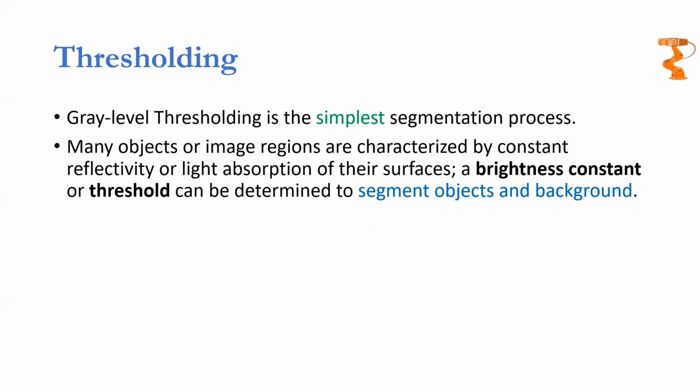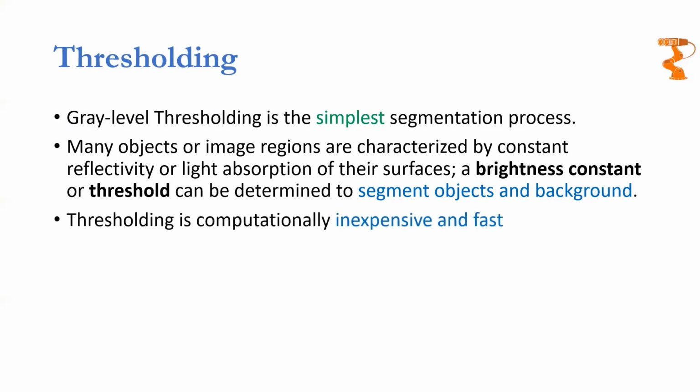If an object has a constant brightness, then you can easily use a certain brightness threshold to mark that object as, for example, white and everything else as black. So you can easily segment out things using simple thresholding.